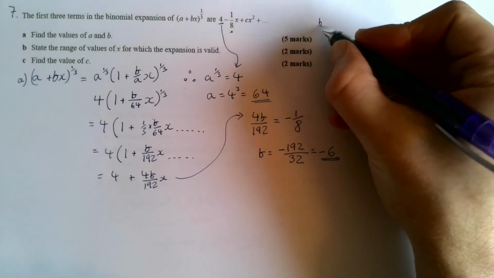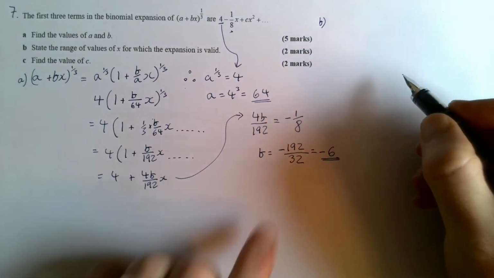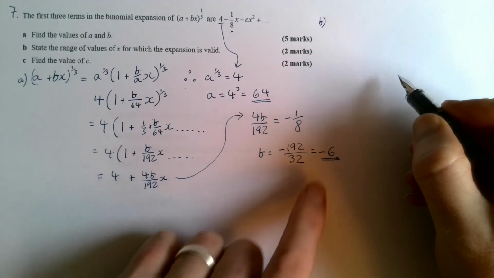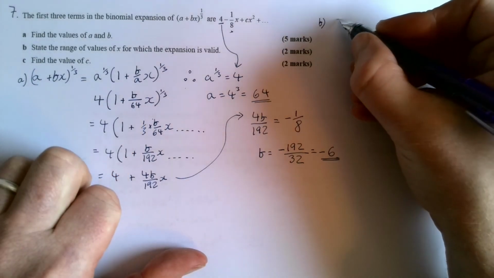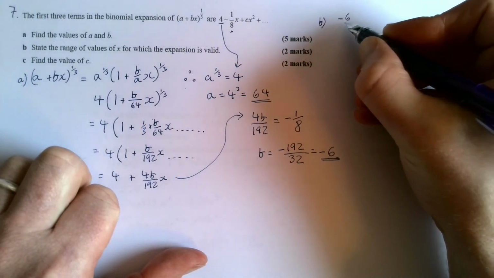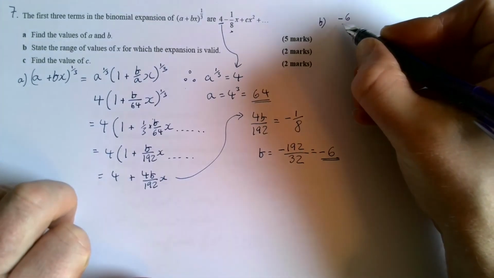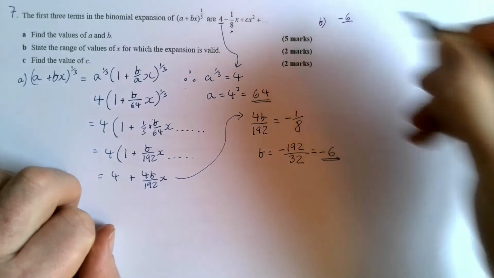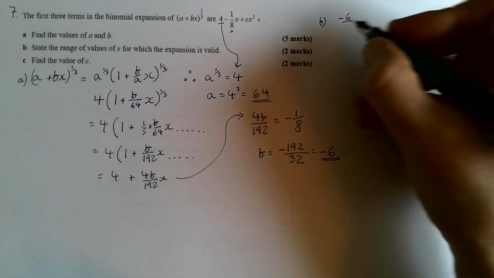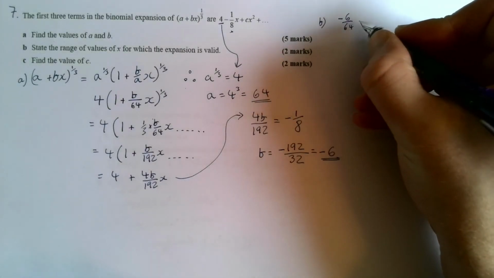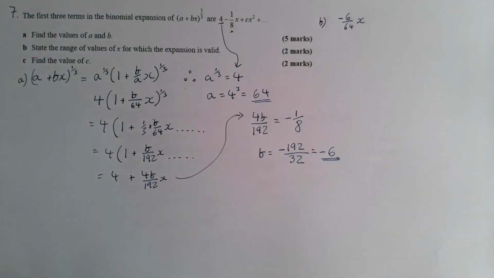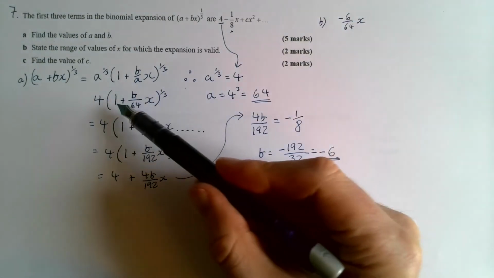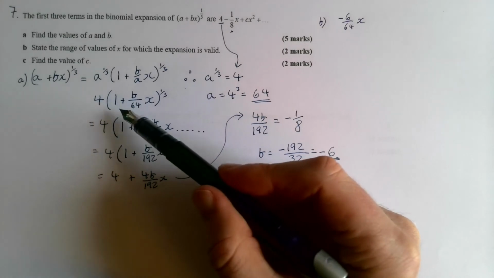So if we start doing that up here, what we can say is we know that we've got b over a, so we've got negative 6 over 64 x in our thing. But oh, hang on, got to remember we've got the 4 outside it, haven't we?